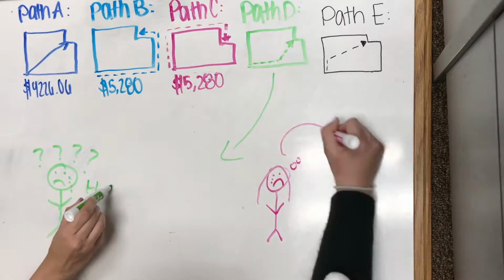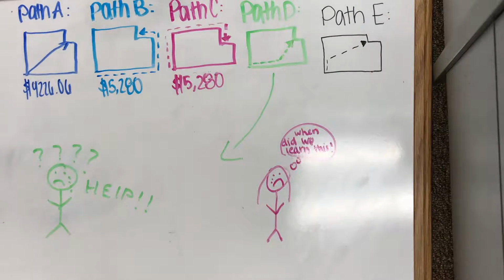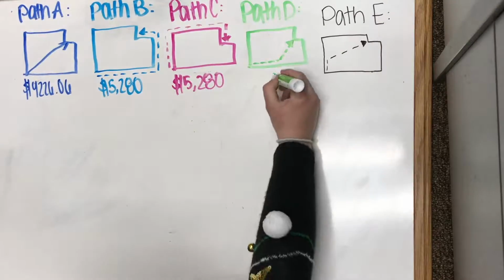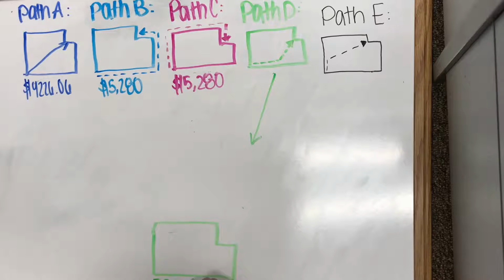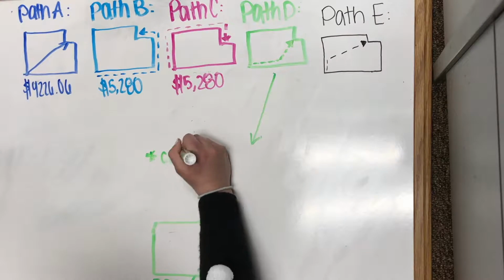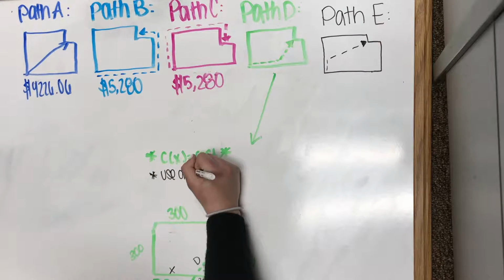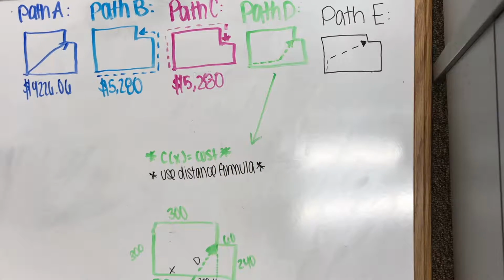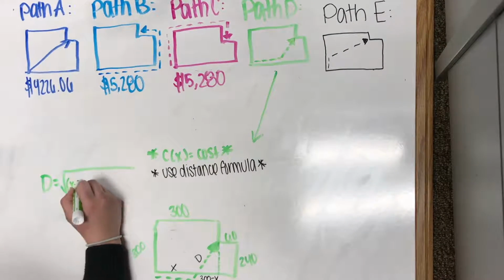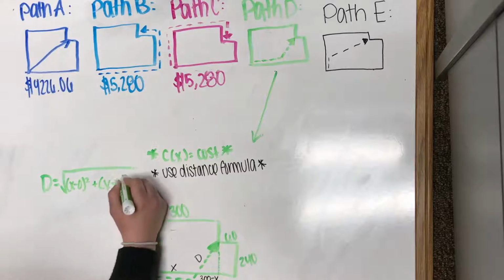For path D, things do get a little bit more complicated because, as you can see, the cable lays outside of the parking lot and then cuts through it. What we did for this was create a cost function, and we used c of x to represent that. We used x to represent the cable that lays outside of the parking lot, and d to represent the cable that goes through the parking lot. And d is going to equal our distance formula, which looks something like the square root of x minus 0 squared plus y minus 0 squared.